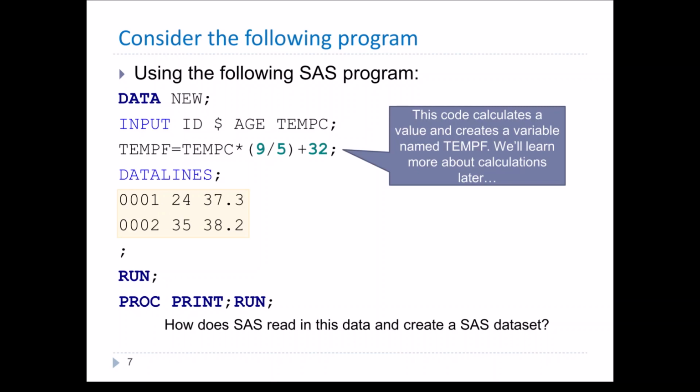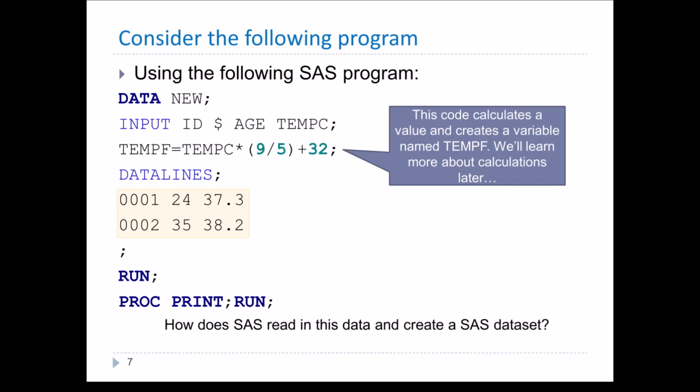So we use some code within the data step to create a new variable called temp F, that is temp C times 9 divided by 5 plus 32. So that creates Fahrenheit. Then we have a couple of simple records right after the datalines statement, and then we're going to proc print and run this.